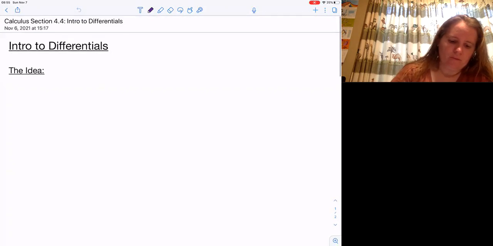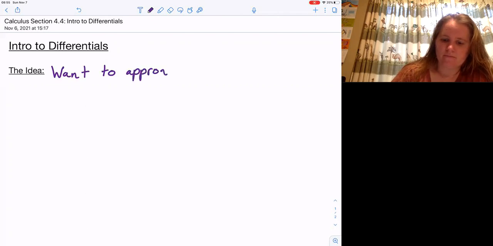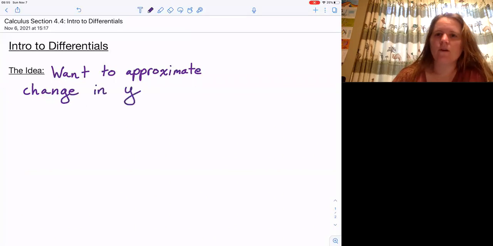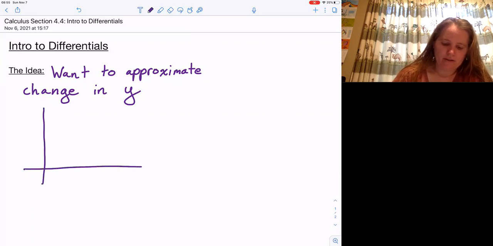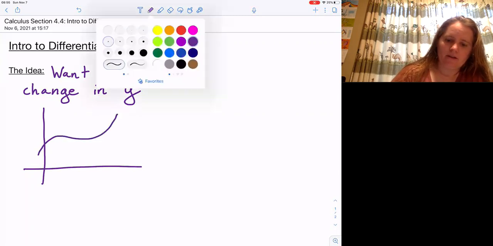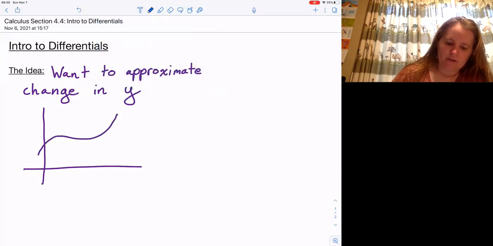So we want to approximate the change in y. If we have a graph and we have our function, then we could pick 2 points on the graph.